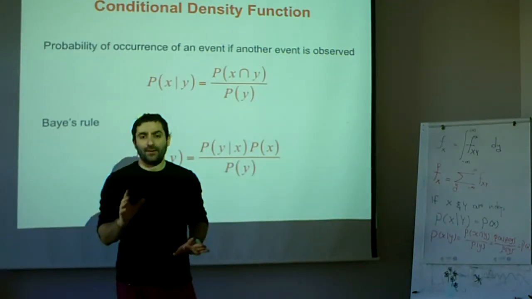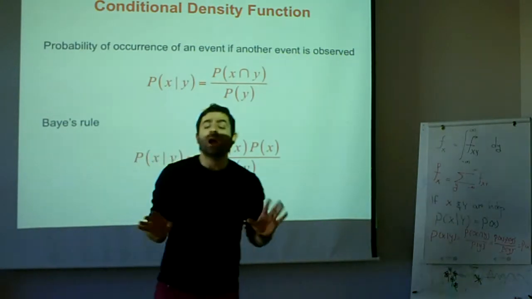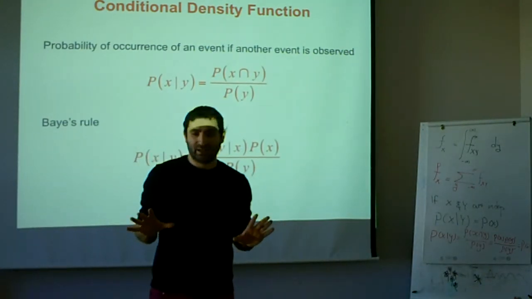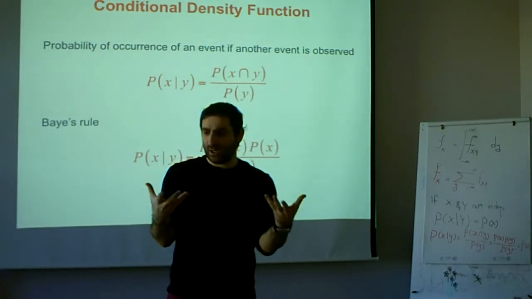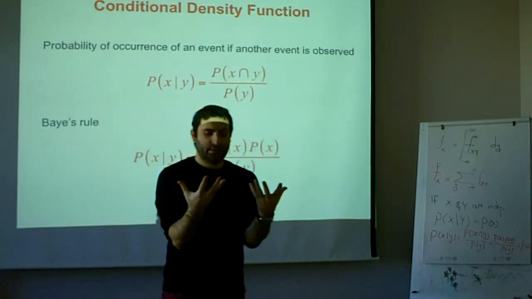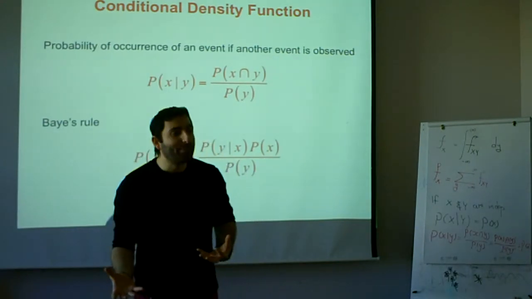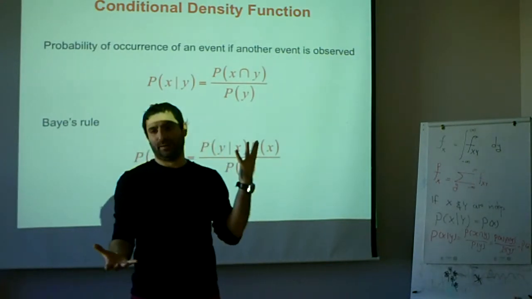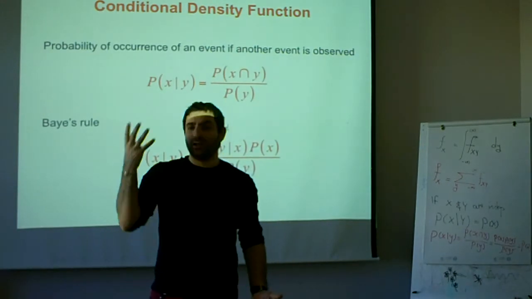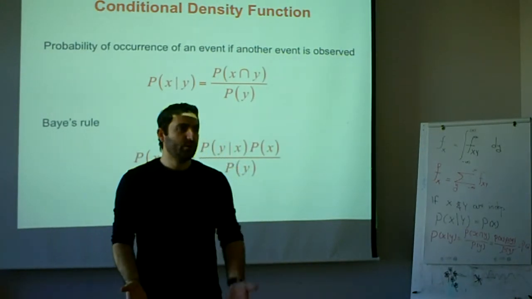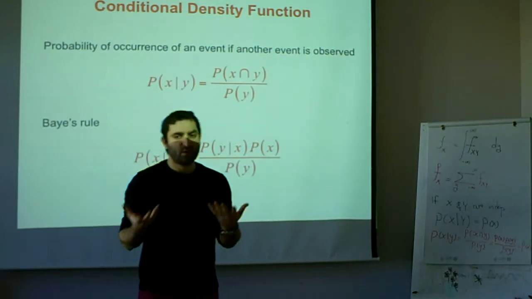Okay. Now, I'm not talking about independence now. I'm telling you that X and Y are disjoint. In other words, if X happens, Y cannot happen. And if Y happens, X cannot happen. Like the probability of having an even number or an odd number. We cannot have a number which is both even and odd.